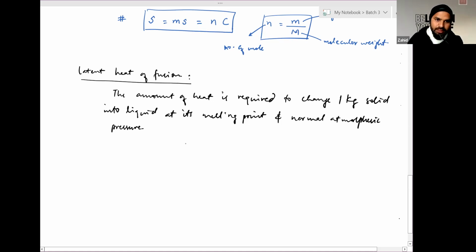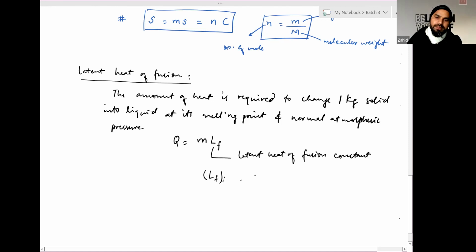So Q equals mass of substance times latent heat of fusion constant. This LF is called latent heat of fusion constant. For ice, it is equal to 80 calorie per gram.